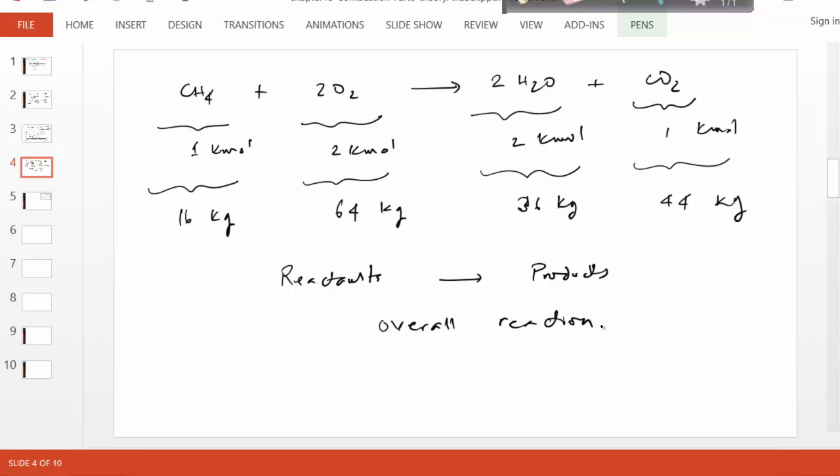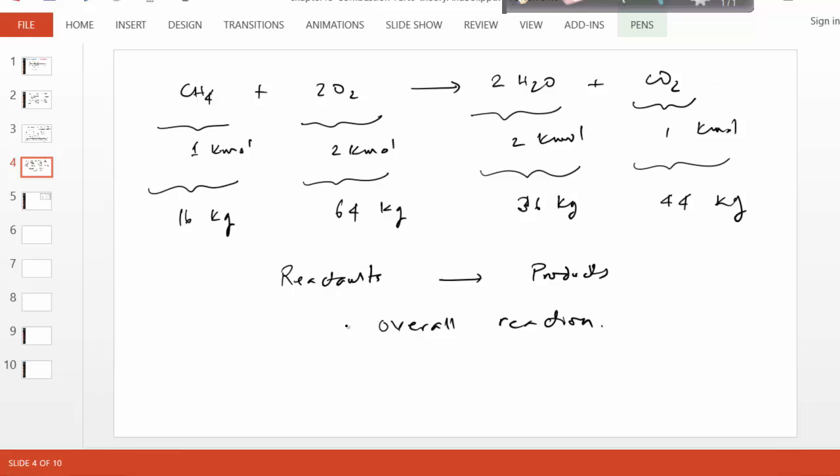What does overall reaction mean? That means it's kind of like an input-output or inlet-exit relationship. If we have a combustion chamber and you put some methane in, put some oxygen in, they're flowing through different tubes, let's say, they're burning, and whatever is coming out are called products. And when you connect them through atom balance, like in this particular reaction, it is called an overall reaction.